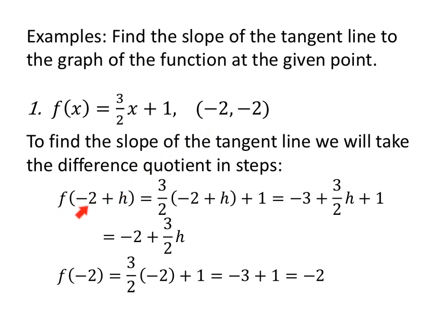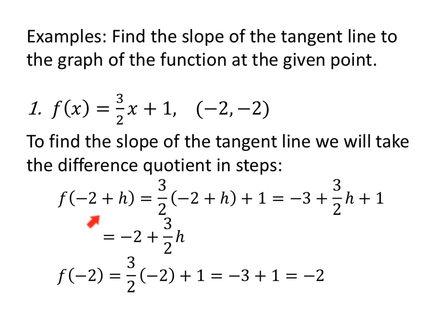First I find f of negative 2 plus h. So everywhere there was an x, I replace it by negative 2 plus h. 3/2 times negative 2 plus h, plus 1. The 2's cancel. I'll end up with negative 3 plus 3/2 h plus 1. And the positive 1 and the negative 3 combine to give me negative 2 plus 3/2 h.